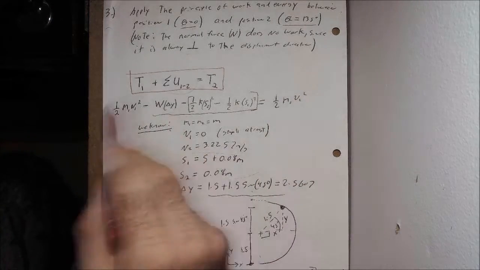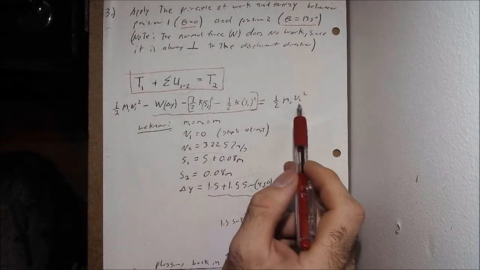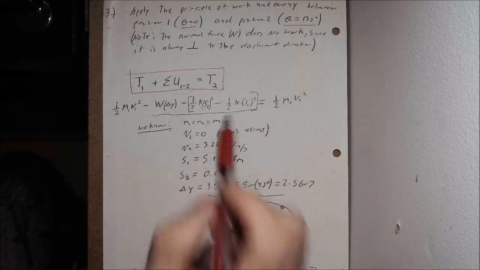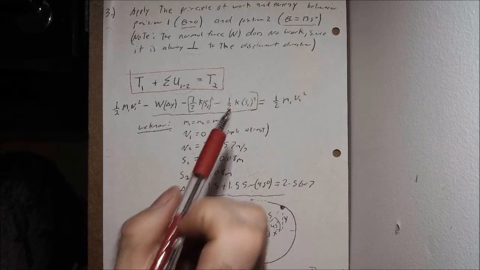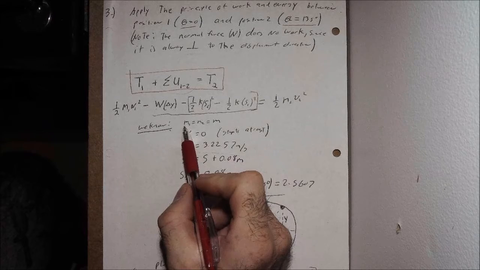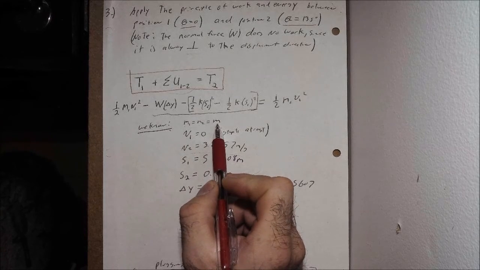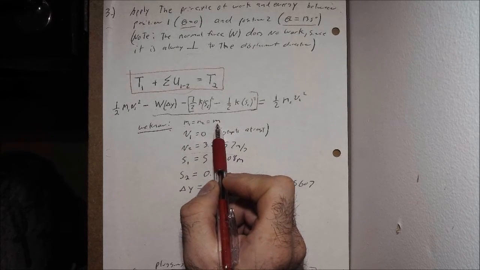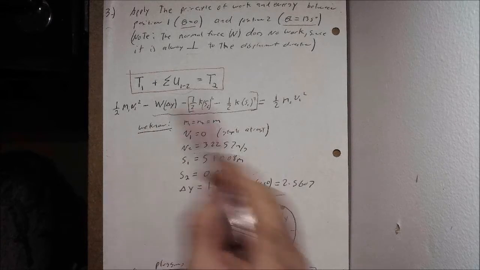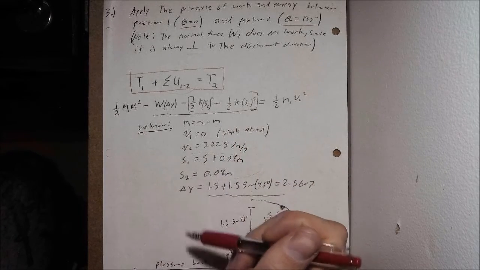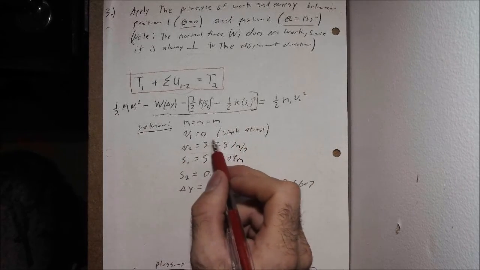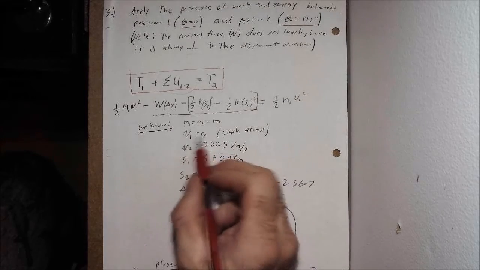Now that we have this general equation and we plugged everything in, expanded it out, let's take a look at each individual variable along the way and figure out what we know. We know that m1 is equal to m2 is equal to m. Mass doesn't change for the ball throughout the entire problem, so our m1 and our m2 are both going to be the same. We're going to call that m. Our v1, our initial velocity, starts at rest, so v1 is equal to 0.